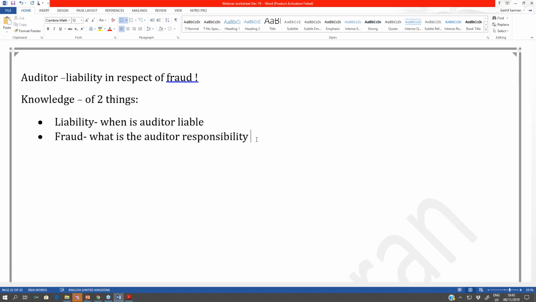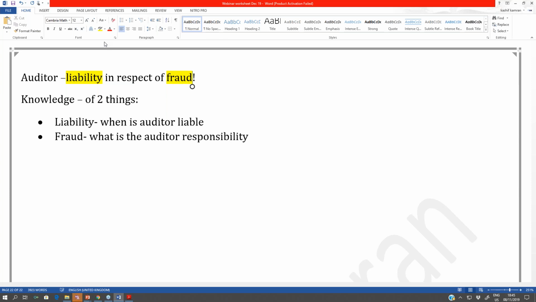To solve this question, you should have two things in mind. First, when is the auditor liable, to write a 12 marks answer? And because the liability is arising in respect of fraud, we should also know what the auditor responsibility for fraud is. Can we put the blame for fraud on the auditor, or can we not? So we should have knowledge of two fundamental areas.